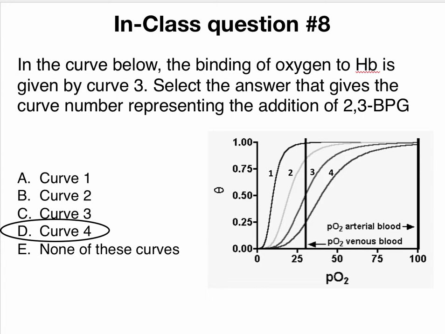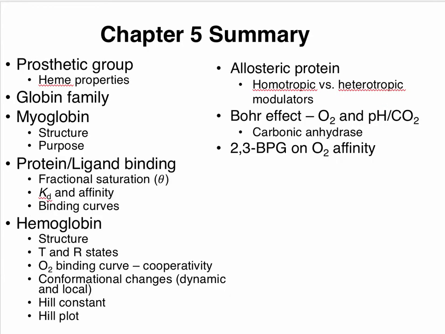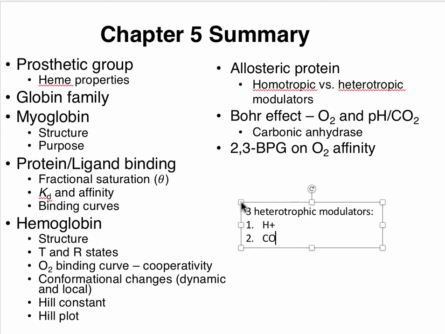All right. So that's the last heterotropic modulator that I want to talk about. Here's kind of a summary. The 3 heterotropic modulators, or effectors, that we talked about, as they result in hemoglobin binding and conformation or affinity for oxygen either increasing or decreasing, are protons, carbon dioxide, and now 2,3-bisphosphoglycerate.